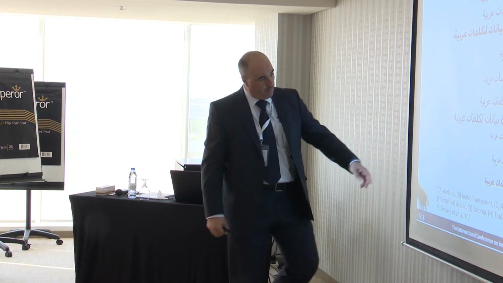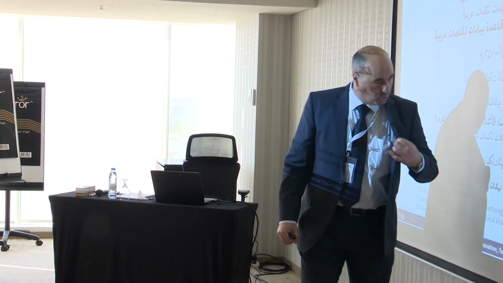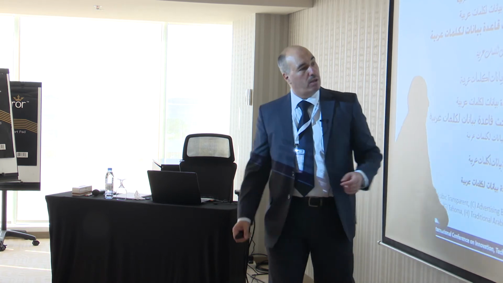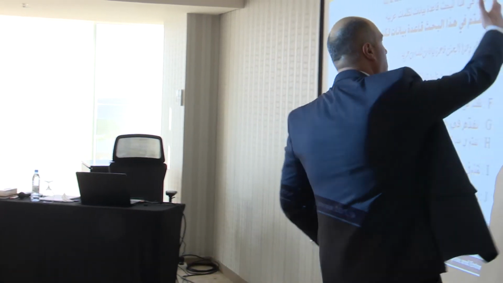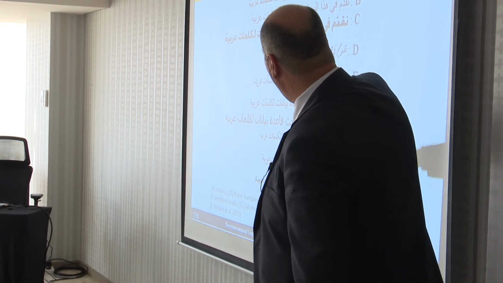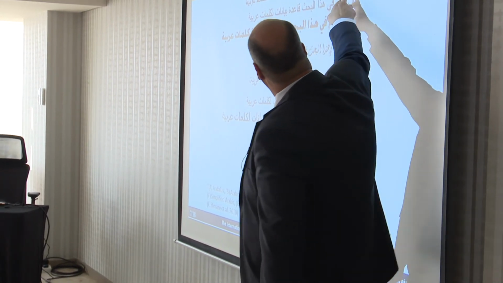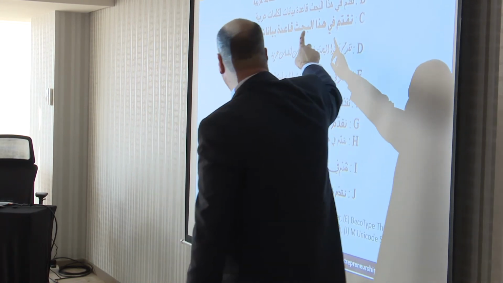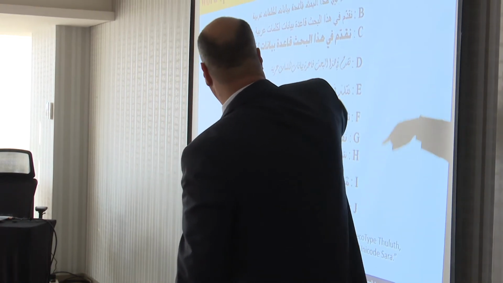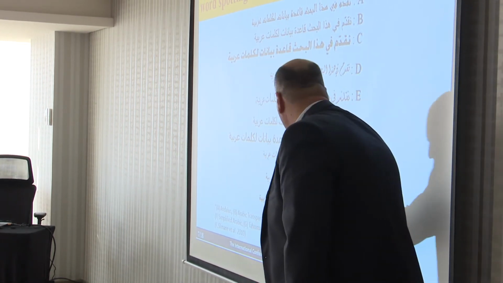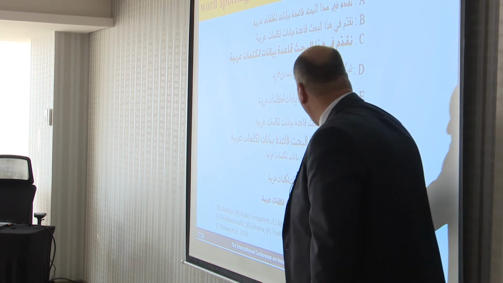This is an article by Sulaimani in 2010. These are 10 well-known Arabic fonts on the web. See, for example, the first one is Andalus. This is Andalus, and this is the second one, Arabic Transparent. The third one is Diwani, the most difficult font for Arabic.